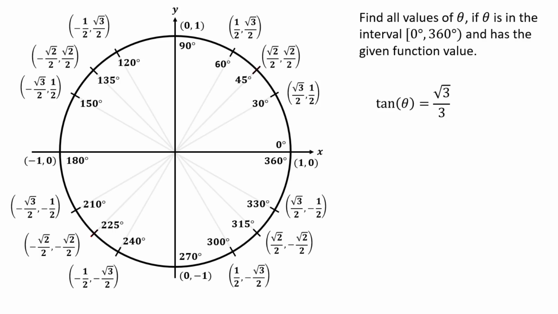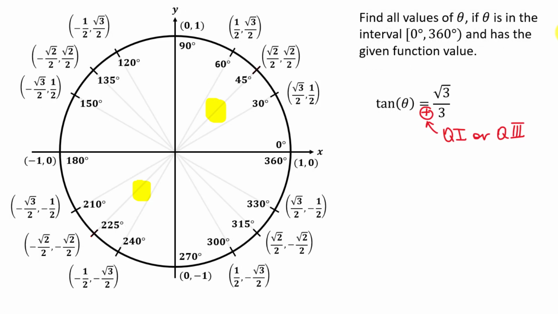Well, tangent is y/x. It's going to be positive in the quadrants where both x and y coordinates have the same signs. So that must be either quadrant 1, where both x and y are positive, or quadrant 3, where both x and y are negative, and then when you put them in the ratio, they produce a positive result. Okay, so we're only looking at those two quadrants.